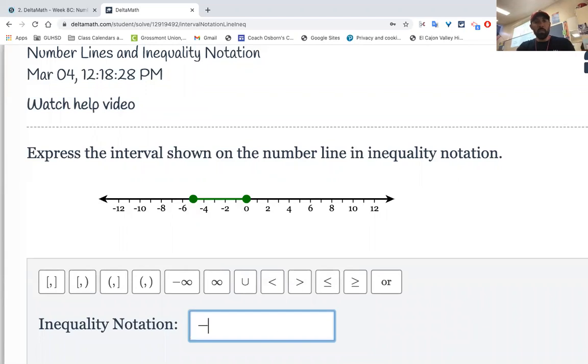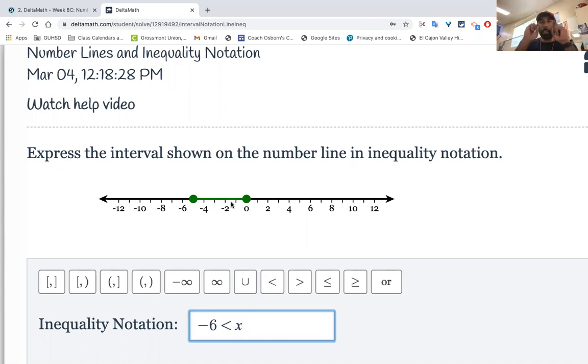Now what I do is I start with the lower number, -6. Because the shaded area is bigger than -6, we would say that X is greater than -6, putting that right there on the right. And then the other number on the right is 0, and the shaded area is less than 0.